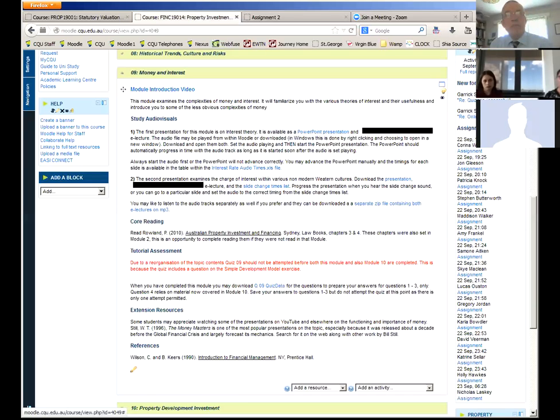And this question of how money works and how interest rate works. Now, this is important for 2 reasons. One is that it's important to understand these different theories of where the interest rate comes from, so you can get a bit of a feel for how to predict where they're going in the future.